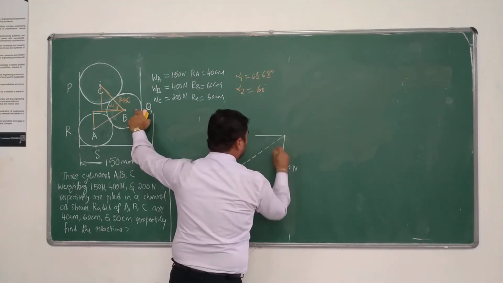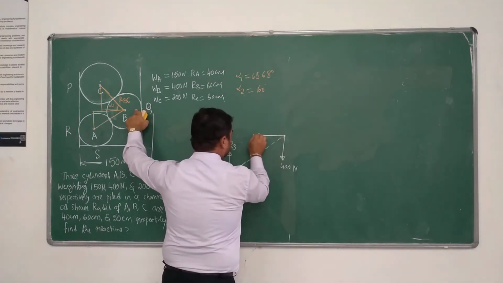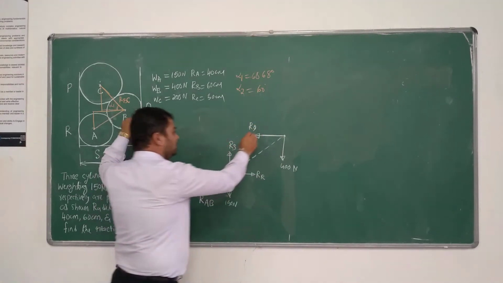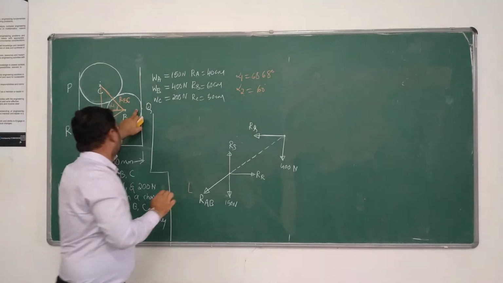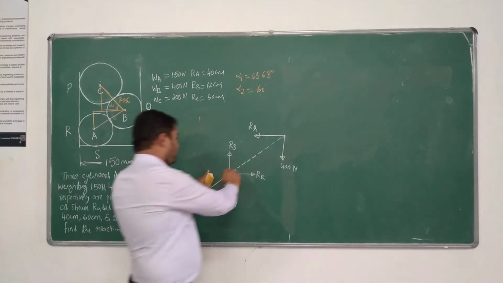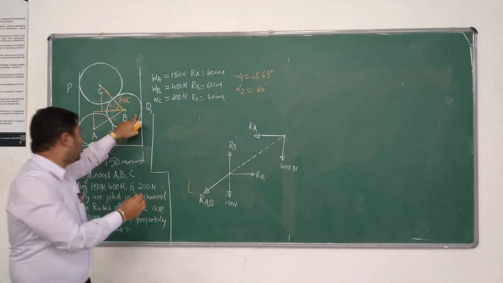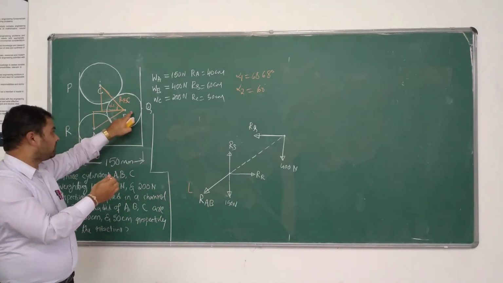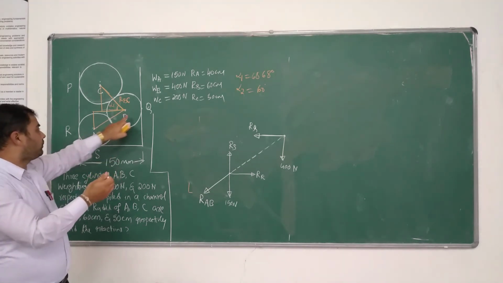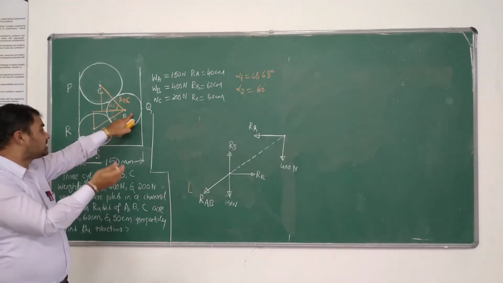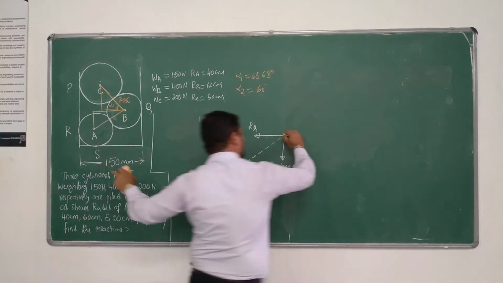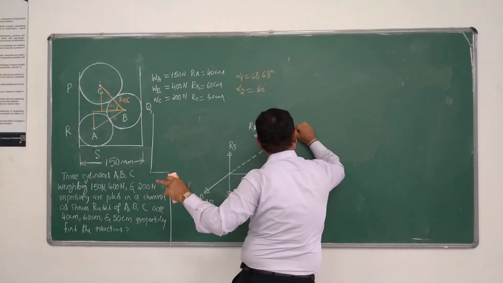Call it R Q, the reaction at point Q. Next, we have an upward reaction: due to the force applied by cylinder B on cylinder A, there should be an upward reaction.